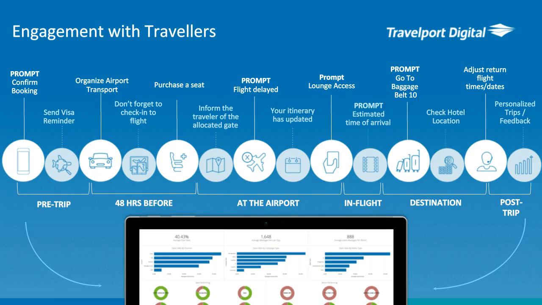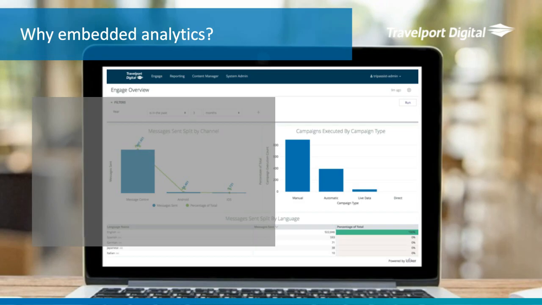Okay, so why did we choose embedded analytics? So as you can see from the screenshot there in front of you, that's an example from our embedded dashboard. The primary reason is that the customers already have a login to a portal, and they use that for configuring parts of the products that they purchased from Travelport.